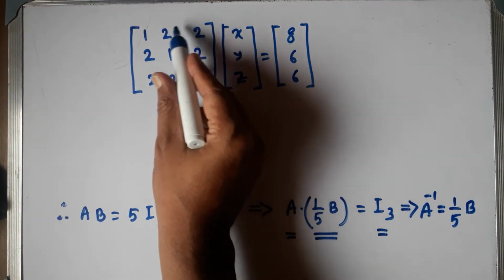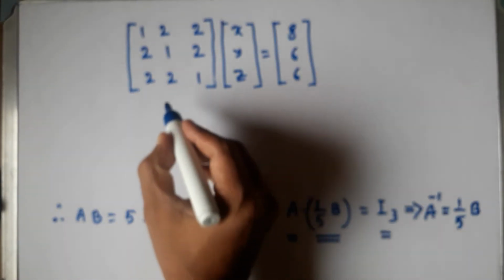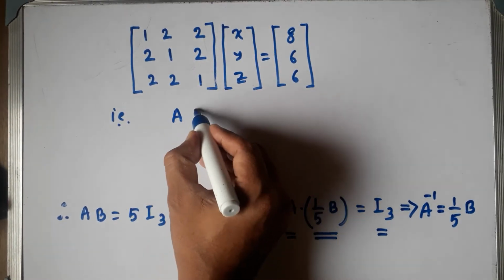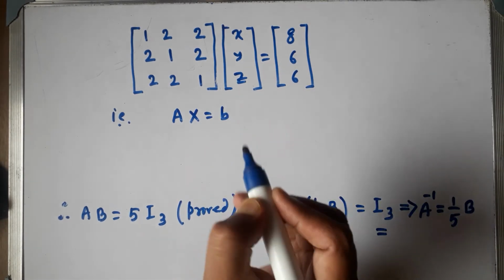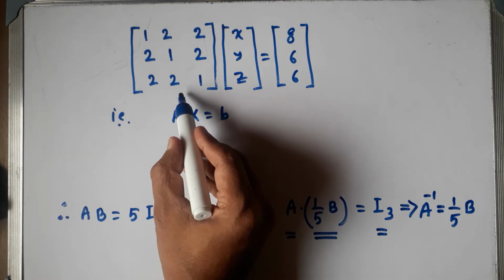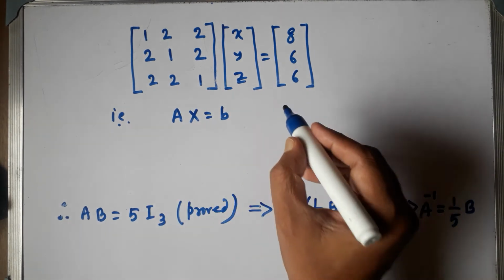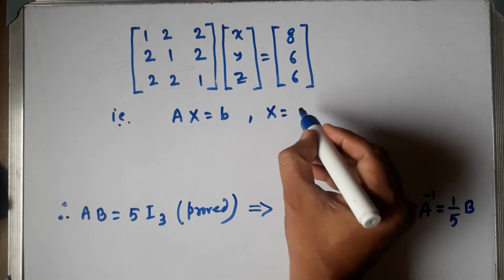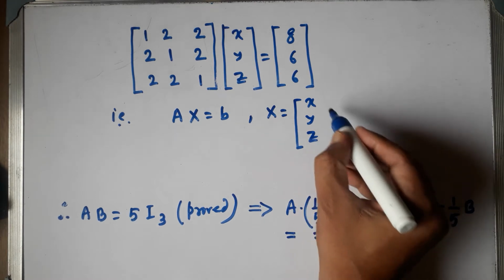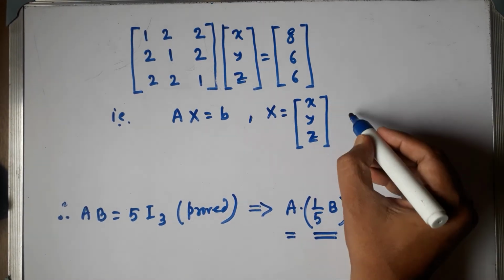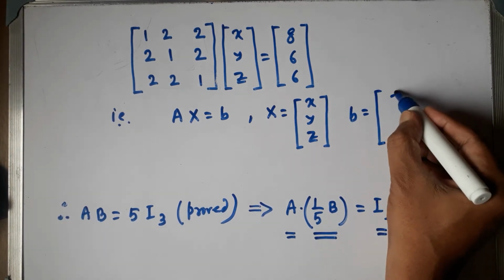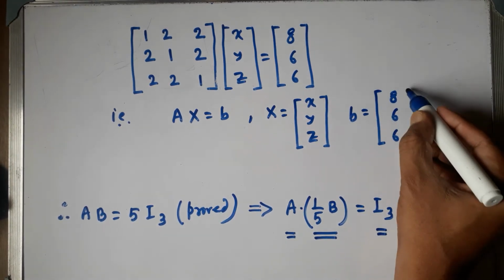And this matrix is actually A. So that is A into X is equal to b, where this matrix is A, X is equal to x, y, z, and small b is equal to 8, 6, 6.